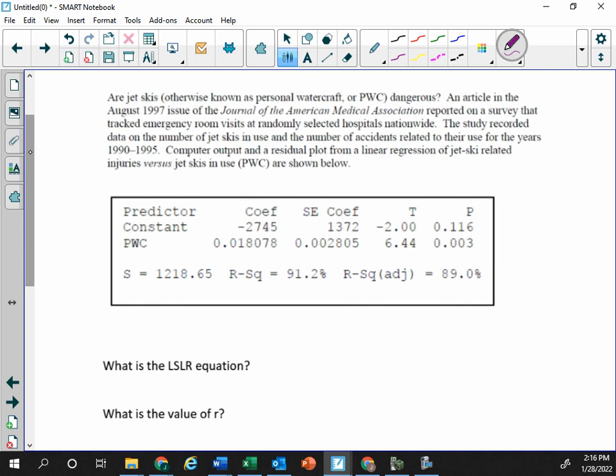I'm going to help you figure out what these numbers are and what we use them for. So first, let's define what our X and Y variables are. What is our explanatory? What is our response? Any guesses as to what our X and Y are? What are the 2 things we're talking about in this problem?